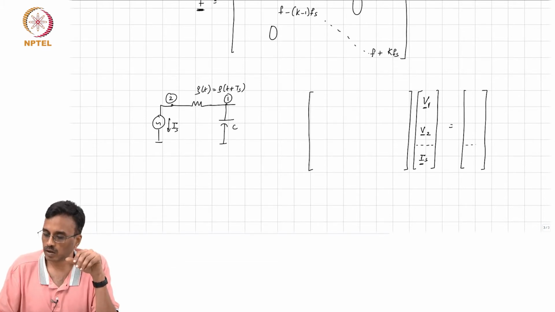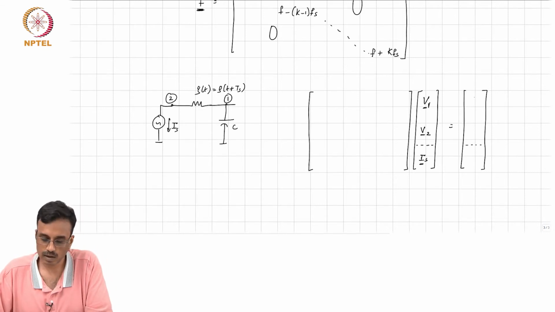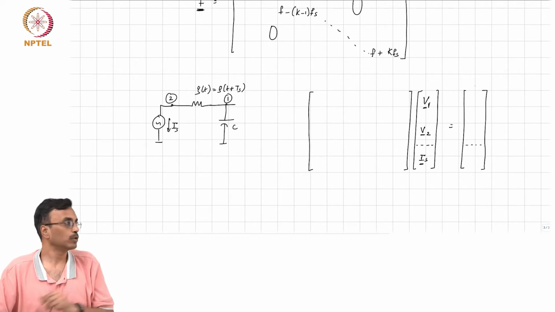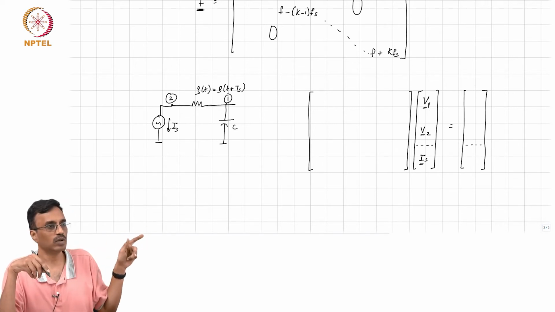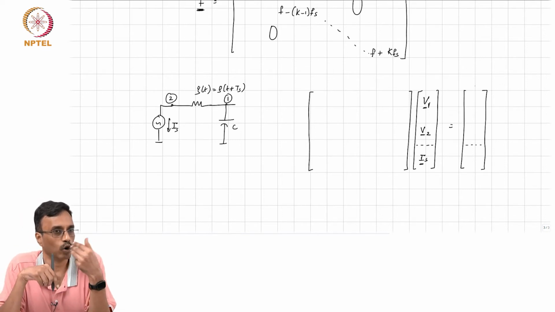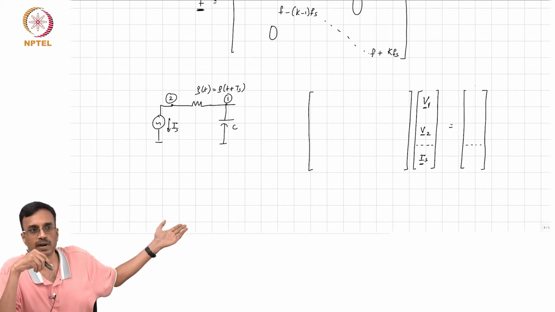And on the right hand side, what do you expect to see? The first row on the right hand side is the sum total of independent currents going into node 1, which evidently we are not putting any independent sources in.